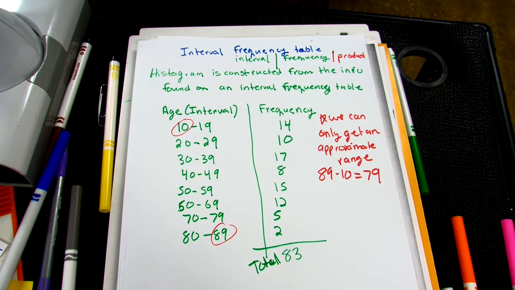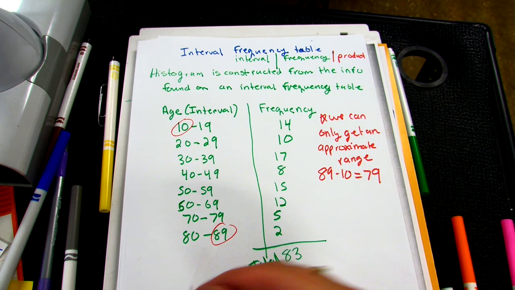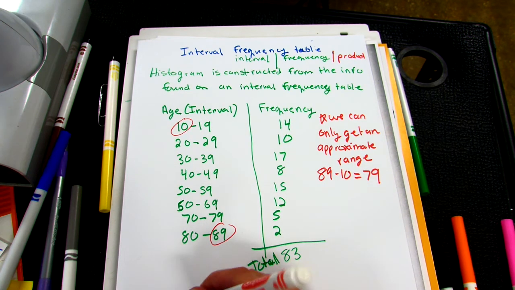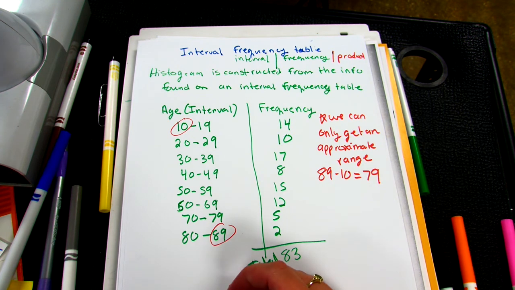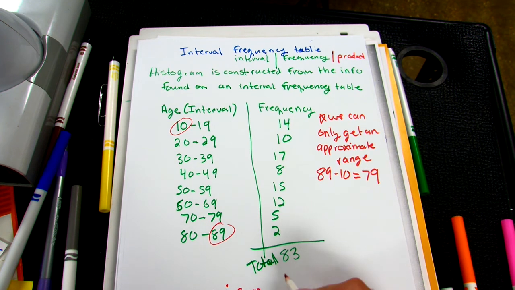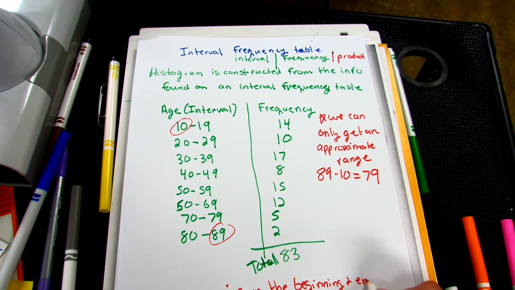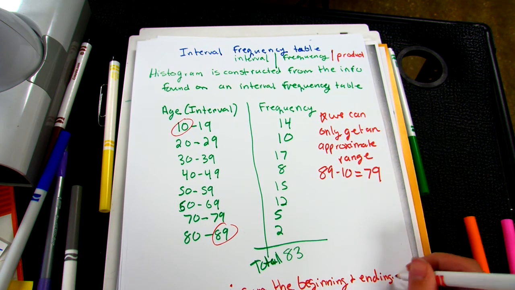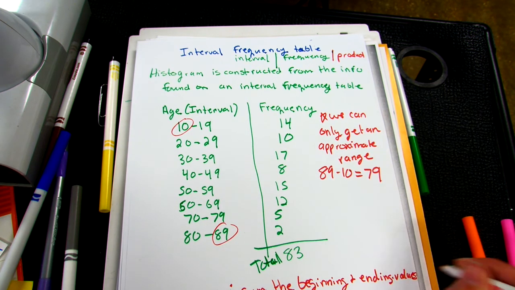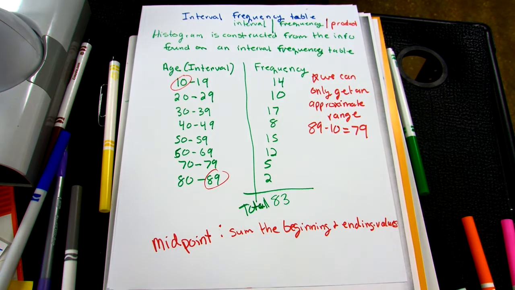Okay? So to get the midpoint, you sum the beginning and ending values and then you divide by 2.